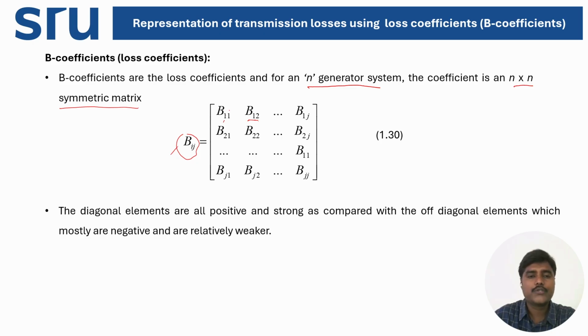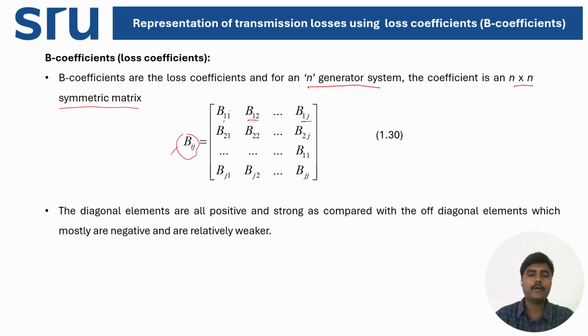Similarly, B1j represents the loss coefficient between bus 1 and bus j, and so on. Similarly, you can represent all the elements in this loss coefficient matrix.